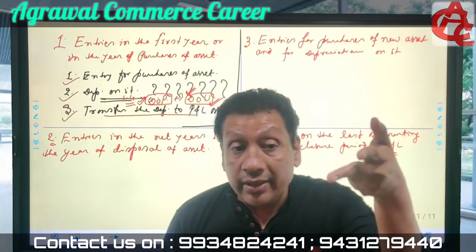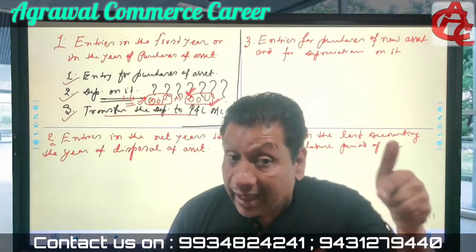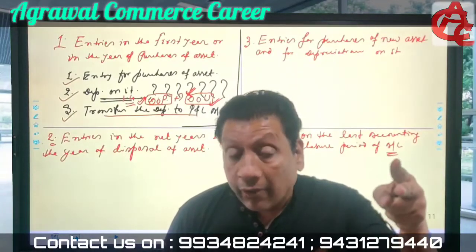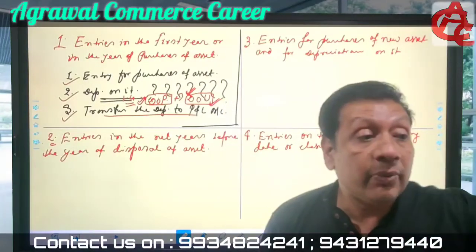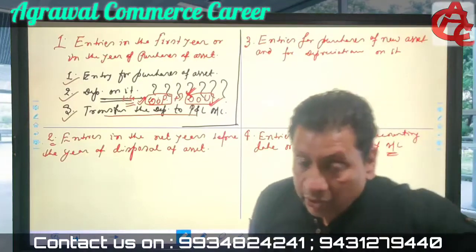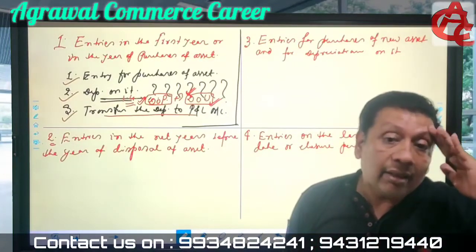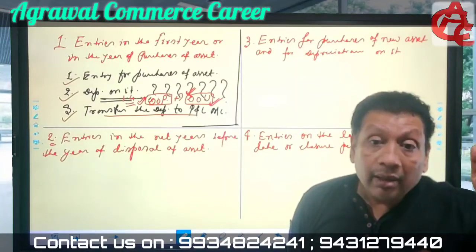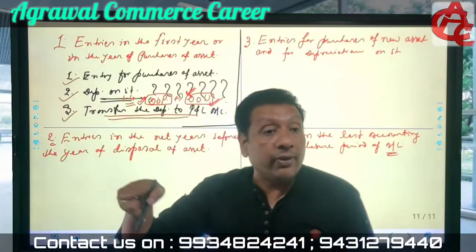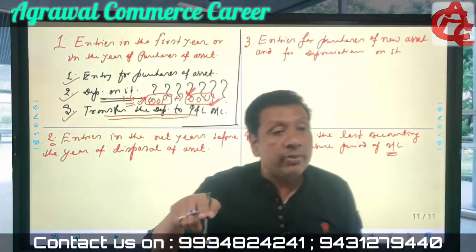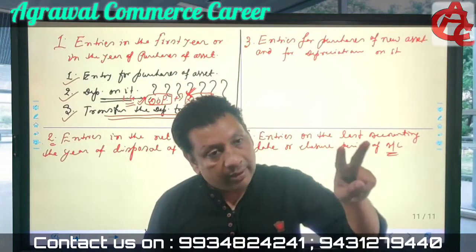Asset account will be credited only if direct charge method is followed, but provision for depreciation account will be credited if the provision method is followed. In that case, depreciation will not be credited to asset account. In both cases, depreciation will be transferred to profit and loss account, because profit and loss account will be debited and depreciation account will be credited.